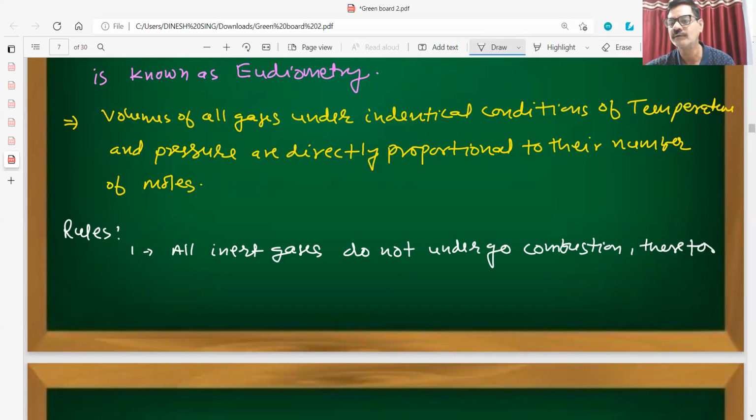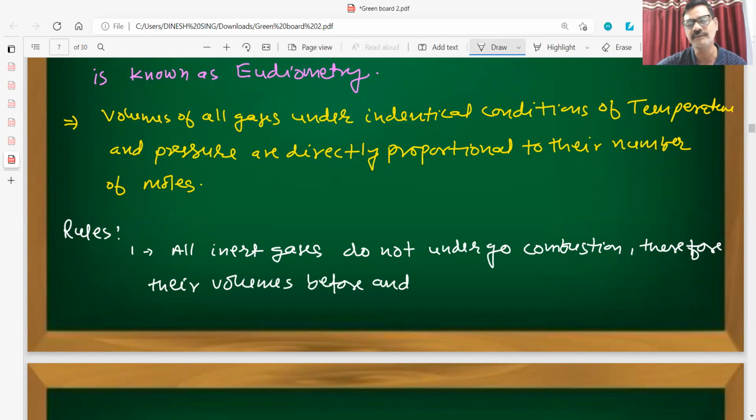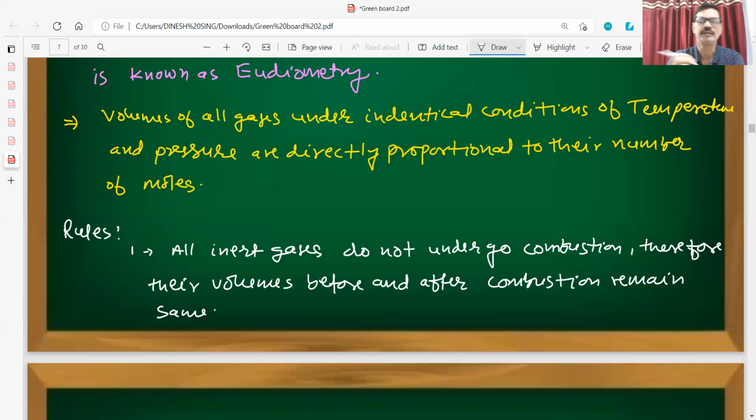Therefore their volumes before and after combustion remain the same. Is it clear to everybody?